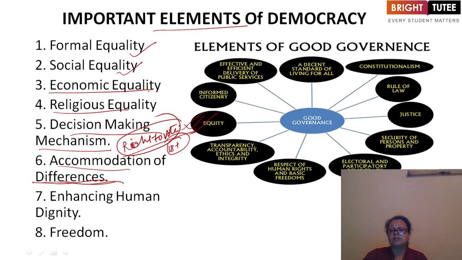Especially in the context of our country, we have differences in all the spheres, whether it is religion, caste, creed, economic background, climatic conditions, geographical conditions, everywhere the differences are there. But it is democracy that controls the situation of social conflicts.